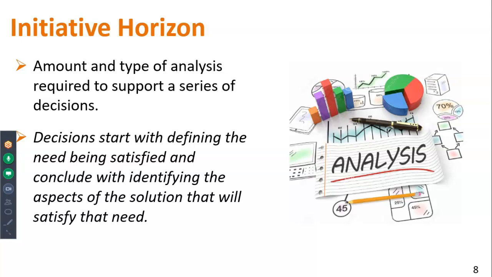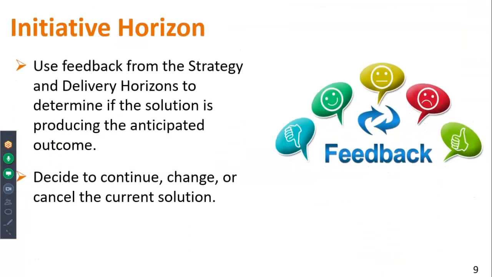And the reason that I say that is because one possible option for any particular issue is to do nothing. It's an option that people don't tend to consider, but it is a viable option. It should always be considered. So you should always have at least 2 things that you're considering: an action and inaction. And you may have multiple actions that you're considering. At the initiative horizon, this is where these decisions are made. This is where these questions are asked.